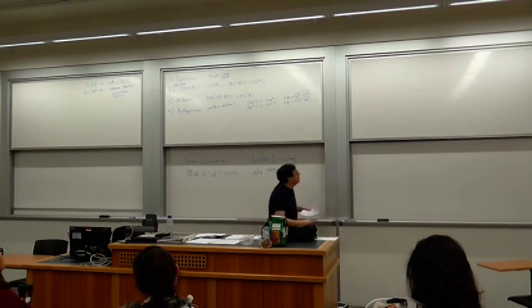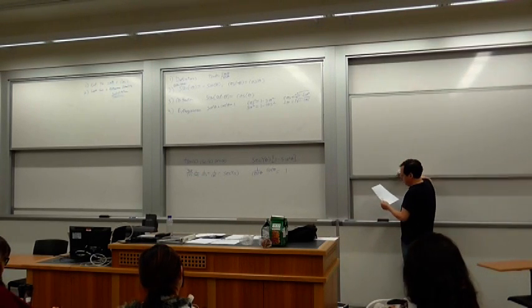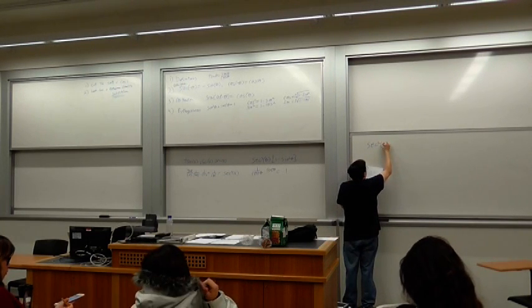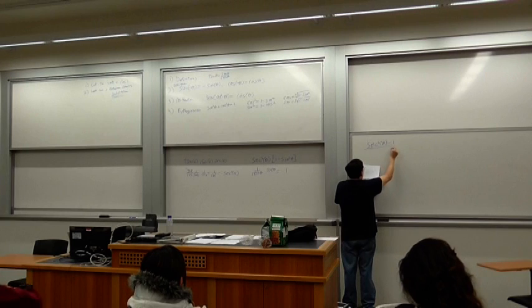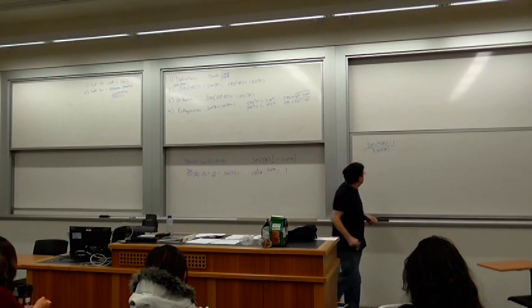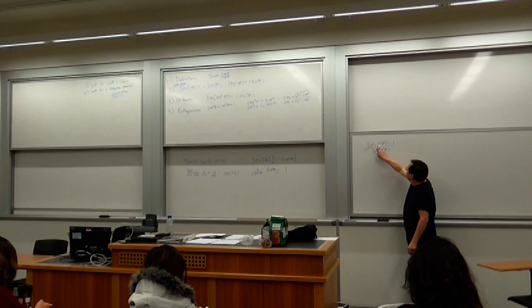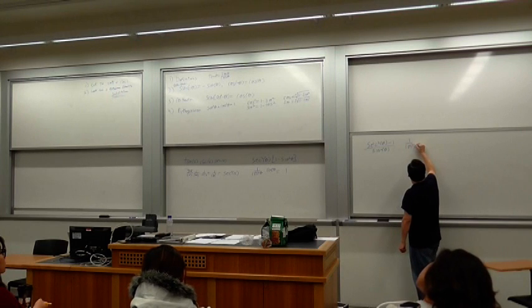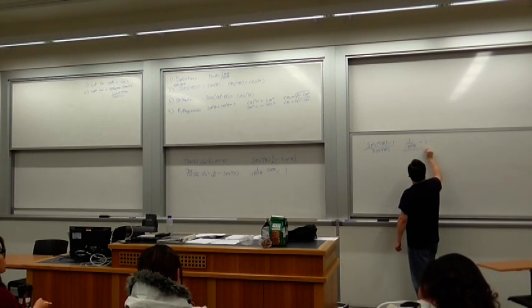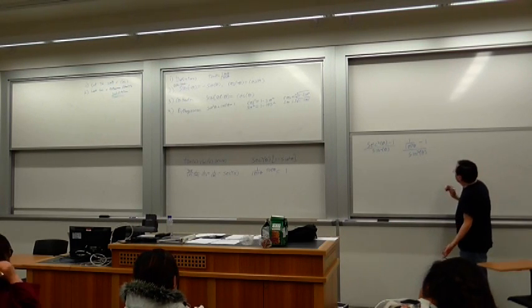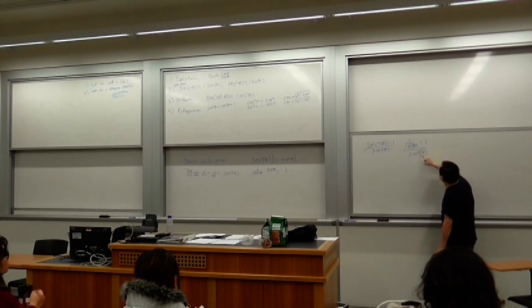Let's do number 2. Secant squared theta minus 1 over sine squared theta. Well, I hope you're good with fractions, right? 1 over, secant squared is 1 over cosine squared minus 1 over sine squared. Okay, we want to simplify our fraction here a little.